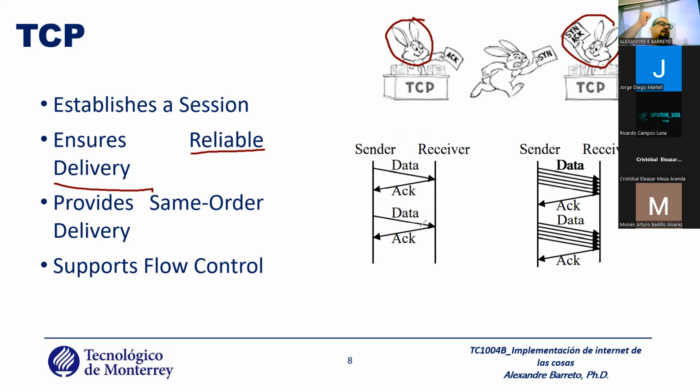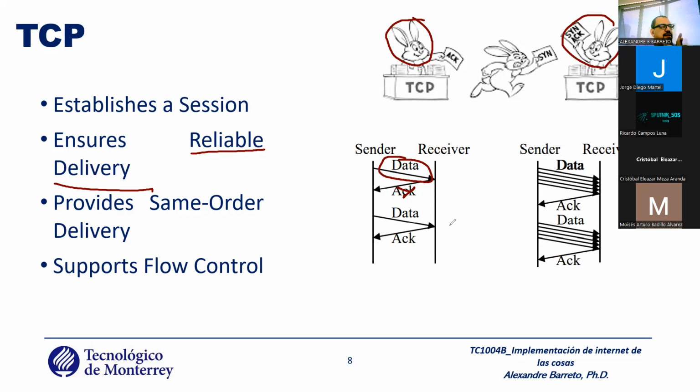You send more data, you receive a new ACK. TCP assures that if you lose any packet, for example, you send this data and didn't receive this ACK, you need to send the data again, because you didn't receive the confirmation that the receiver got the message. And with TCP, you assure that the receiver received the message.